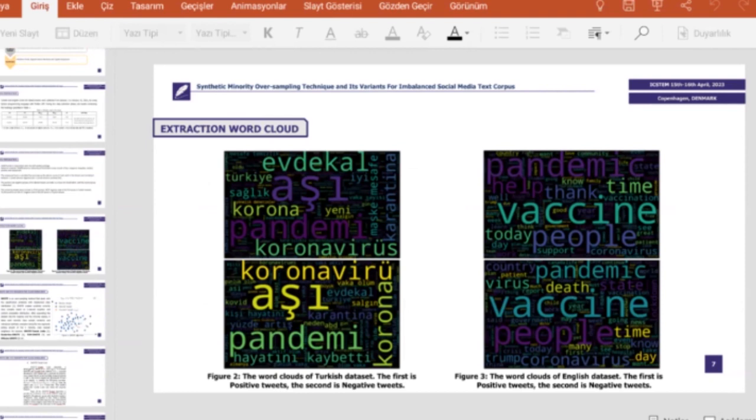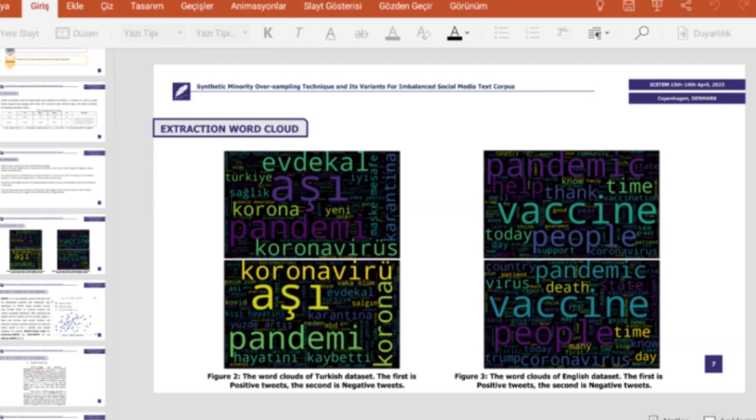As you can see, in English tweets, and maybe you cannot understand the Turkish keywords, generally in the negative tweets, vaccine, pandemic, virus, and similar keywords were the most frequent. Similarly, in the Turkish tweets, you can see similar words. In the positive tweets, help, thank you, vaccine, support, and such kinds of keywords can be seen. Those keywords were the most frequent keywords.